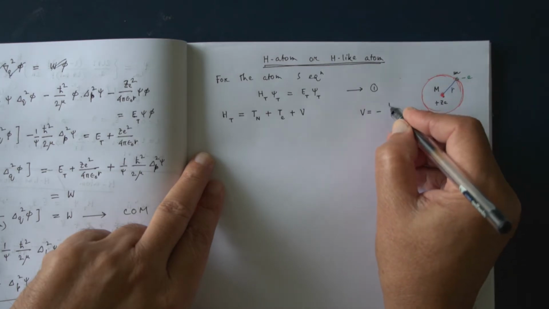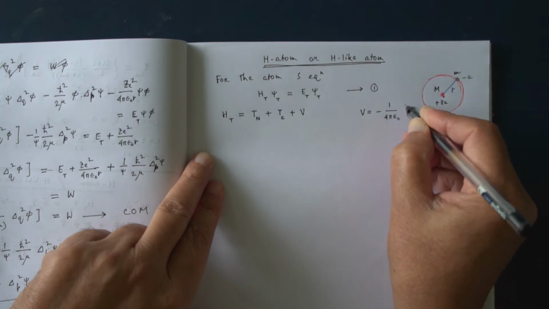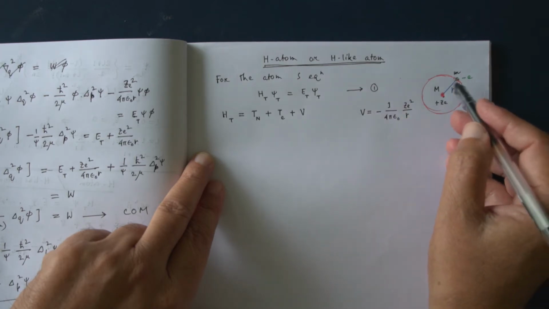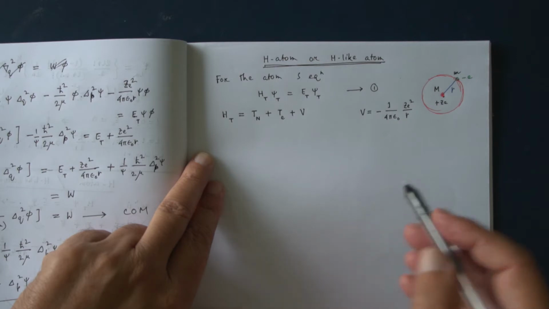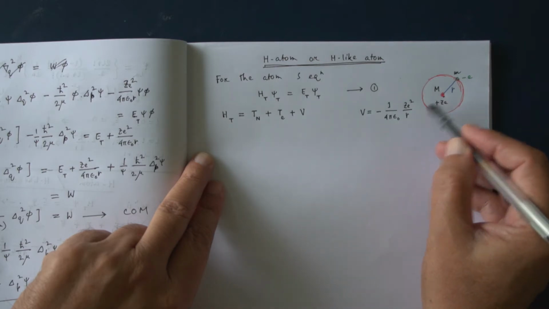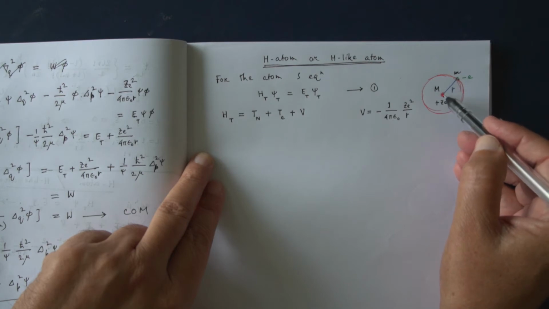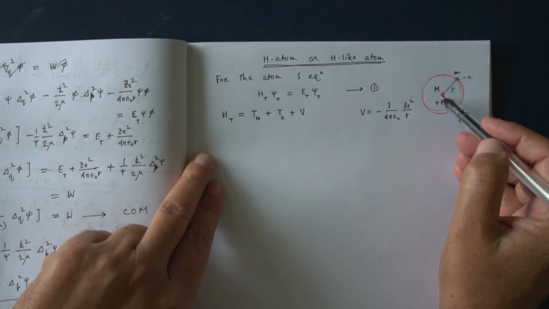Definitely you know this: minus 1 by 4 pi epsilon naught, Z e square by r. This is the potential energy for this system. Here you see, as r decreases, potential energy increases, attraction increases.